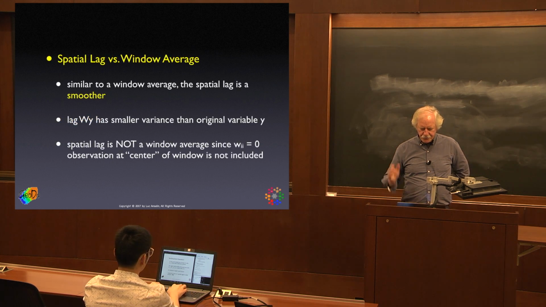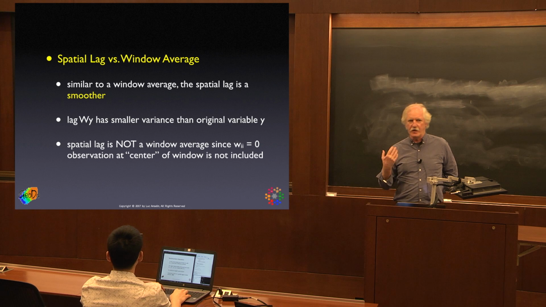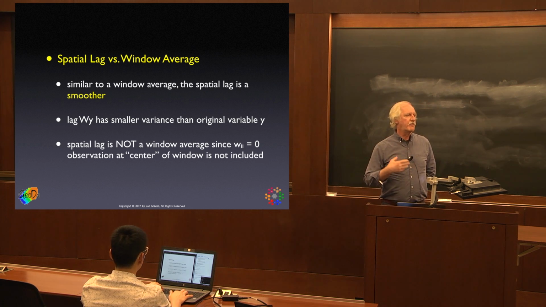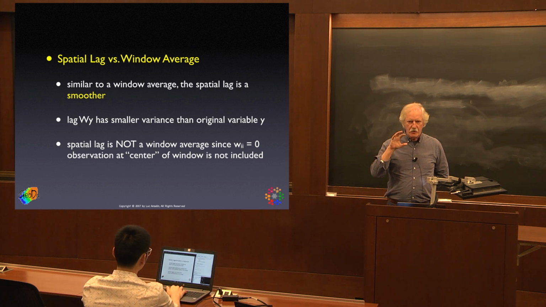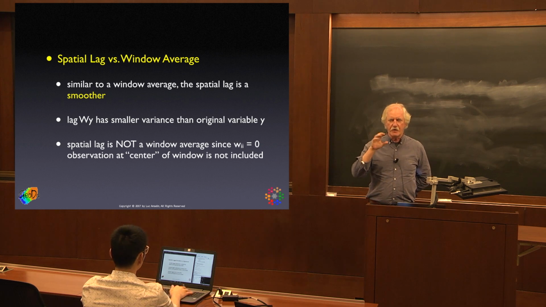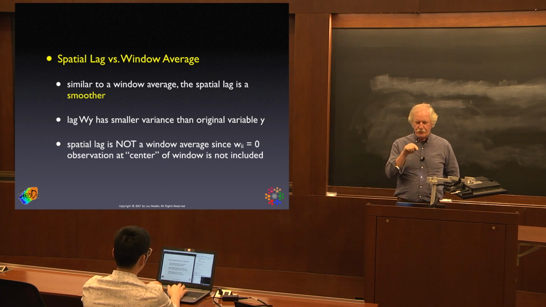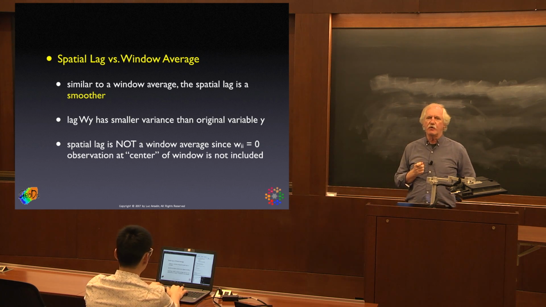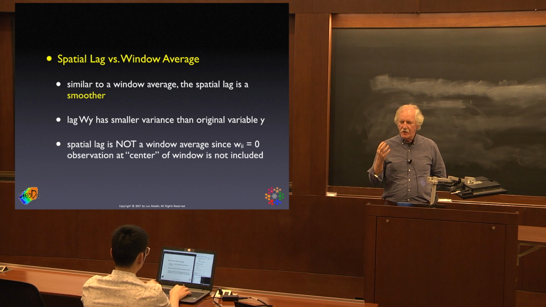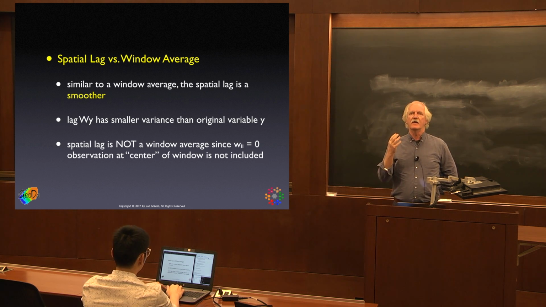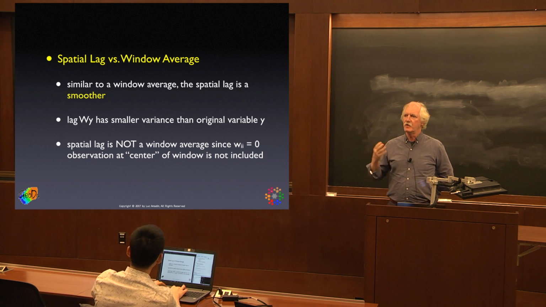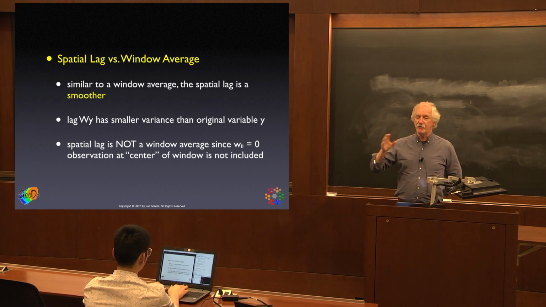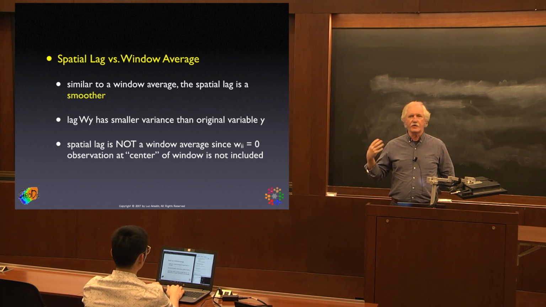So then what does this do? Because it is an averaging, it smooths the variability, so it has a smaller variance. It's similar to a notion of a window average, but it's important to think about this. This will come back when I talk about the reflection problem. Unlike in a lot of these spatial social interaction models in economics, where there is an endogenous effect or an effect, we'll see the different types in a few minutes, the effect of the context.